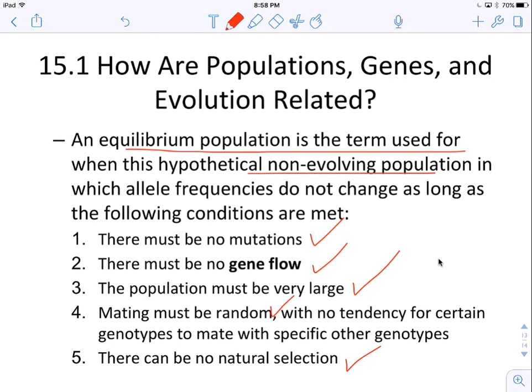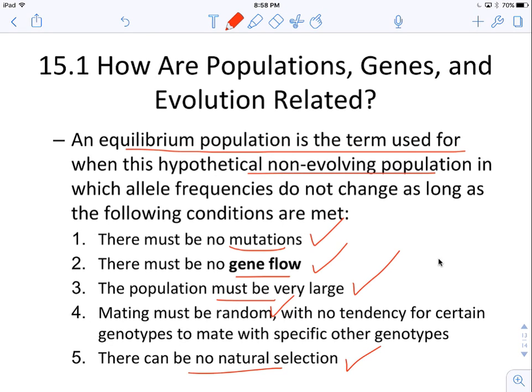So basically, if populations are evolving, that means that mutations are occurring, gene flow is happening, the population can be small or large, mating can be non-random, and there is natural selection.